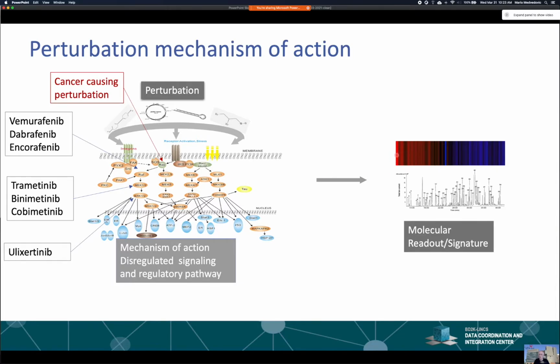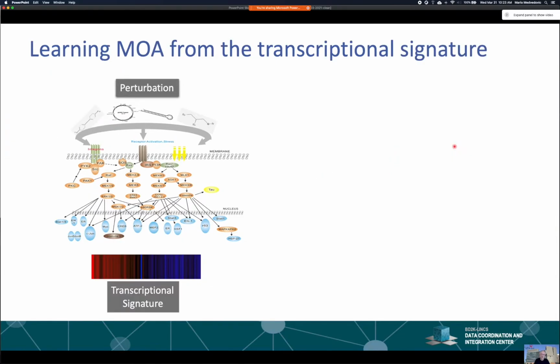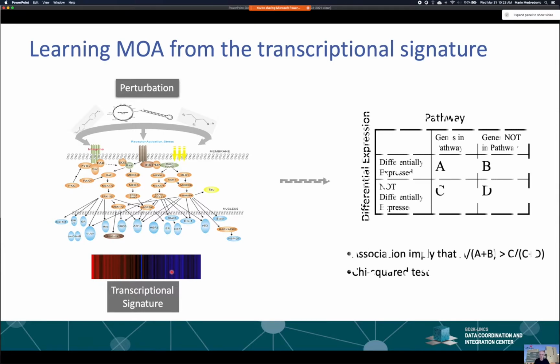So how would we go about figuring out, based on the transcriptional signature, whether this pathway is affected or not? The standard process is that we construct this 2x2 table. We look at genes that are differentially expressed based on the gene expression profiles, and we look at the list of genes that code for proteins in these pathways.